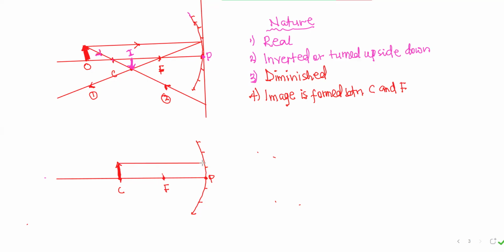So after reflection, the reflected ray must pass through F. Then you can use any of the other rules.